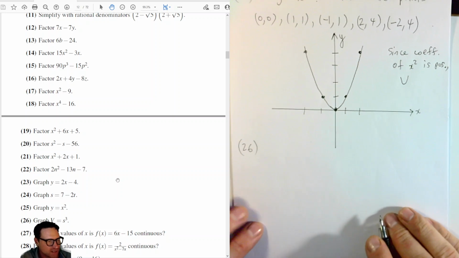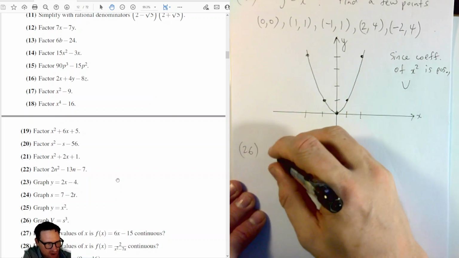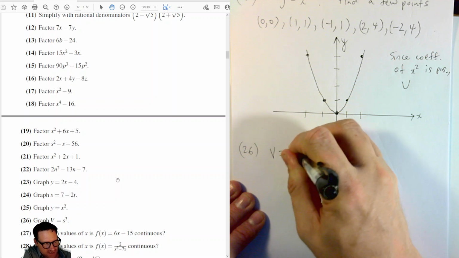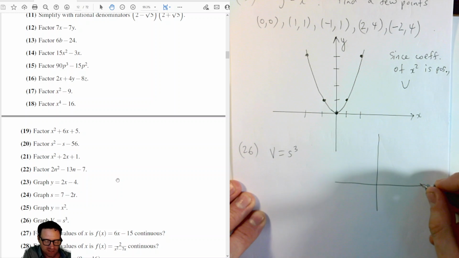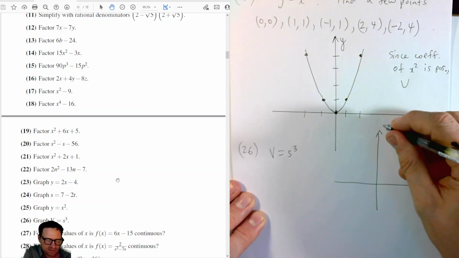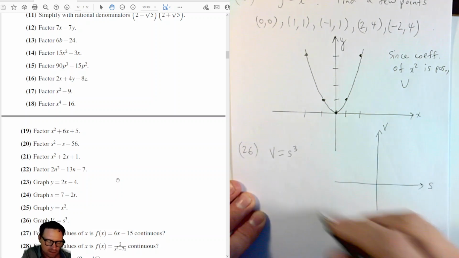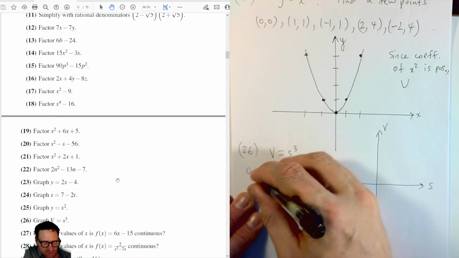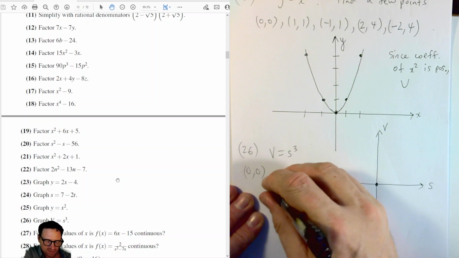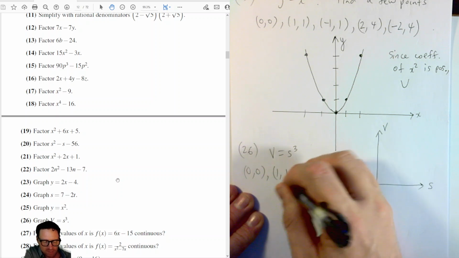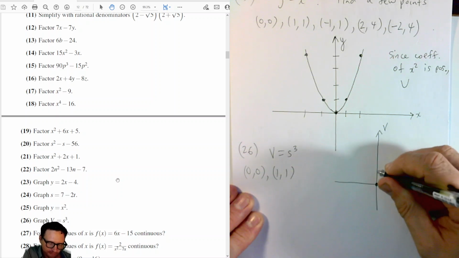Okay, question 26. In question 26, we're asked to graph v equals s cubed. So again, you want to find a few points. We've got the point 0, 0, because 0 cubed is 0. We have the point 1, 1, because 1 cubed is 1.